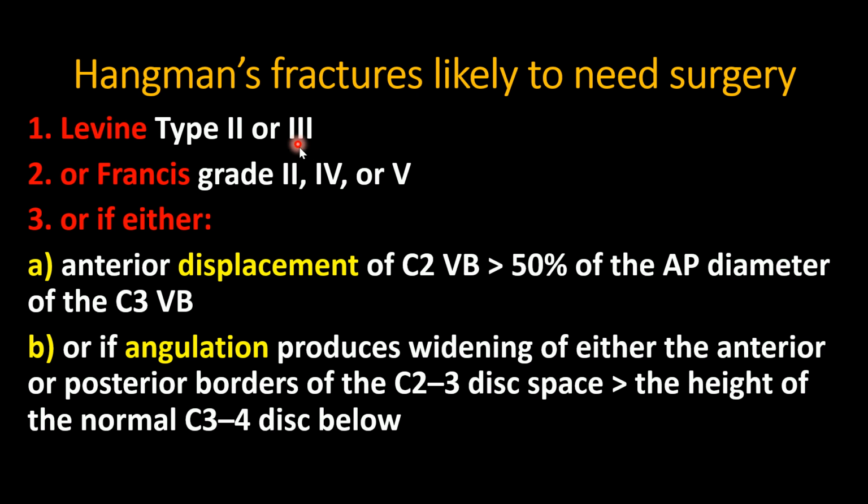Type 3 needs a surgery, or Francis grade 2, 4, or 5, or if either anterior displacement more than 50% of the diameter of C3 vertebral body, or angulation that produces widening of either the anterior or posterior borders of the C2-3 disc space more than height of normal C3-4 disc below the level of injury.